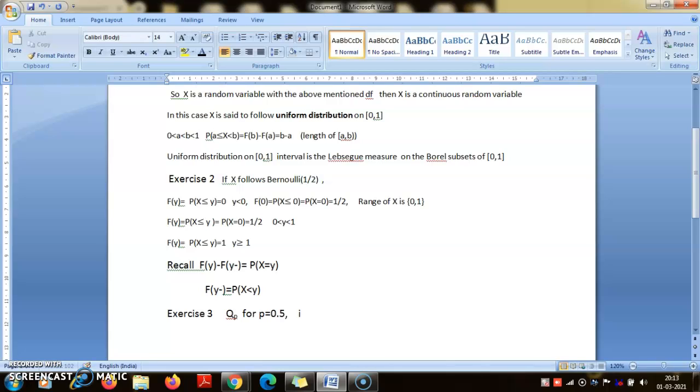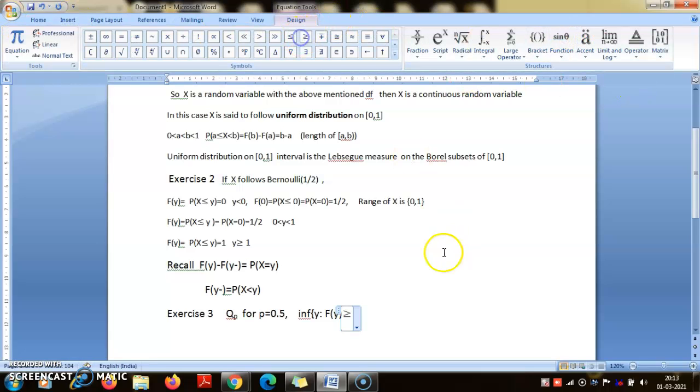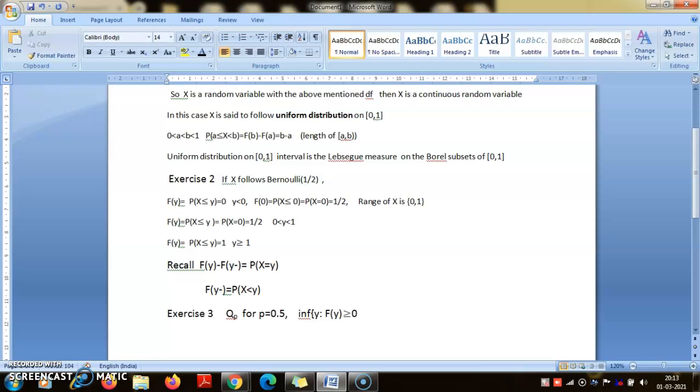So you are to find the infimum of y where F_Y has attained or exceeded 0.5 for the first time in exercise 2. Now, is that very difficult? Once you have the distribution function, you see F(0) is half.